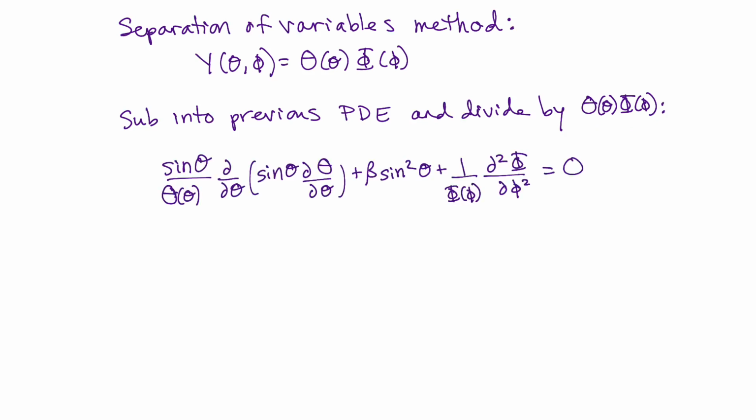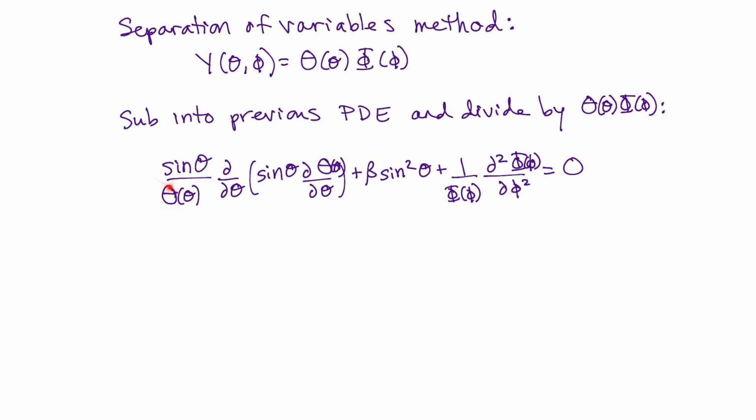Once that is done, we end up with this expression here. I try to be clear on my capital thetas and my little thetas, so I'll modify that. Sometimes I go into the shorthand of just writing the main function, but we know that they are functions of theta and phi.